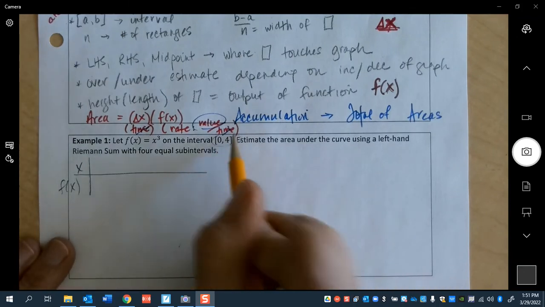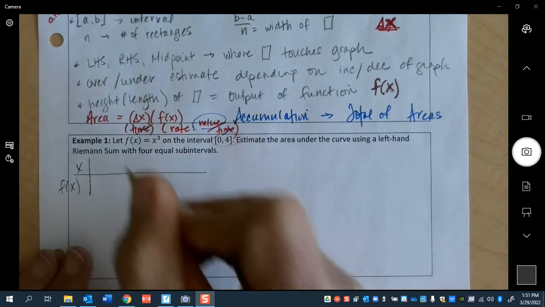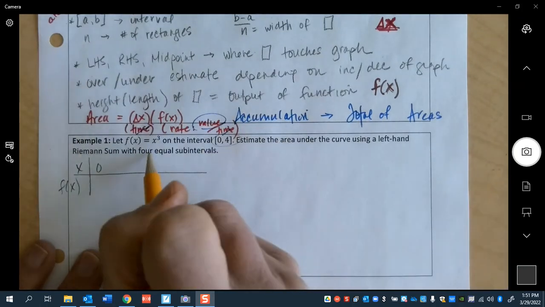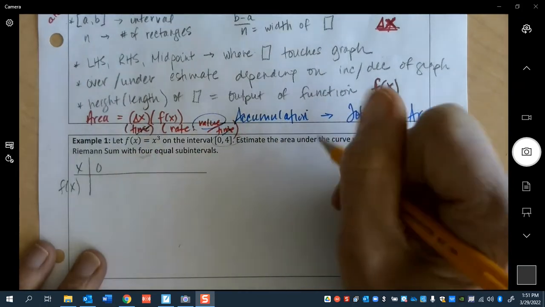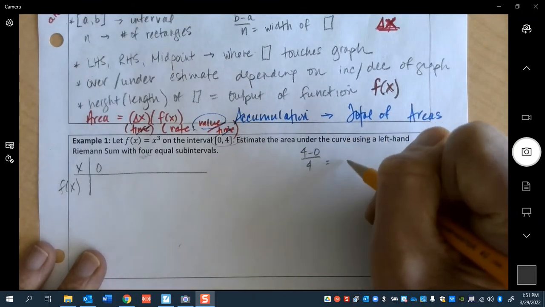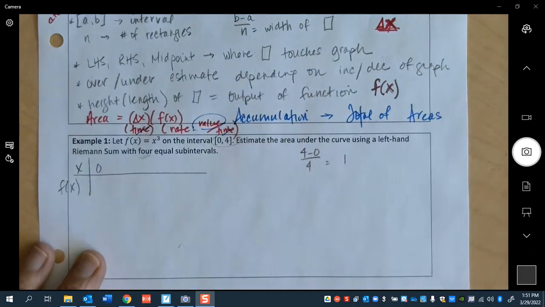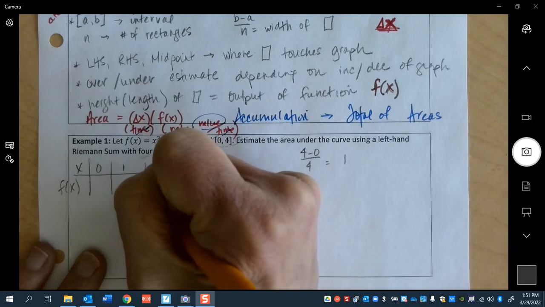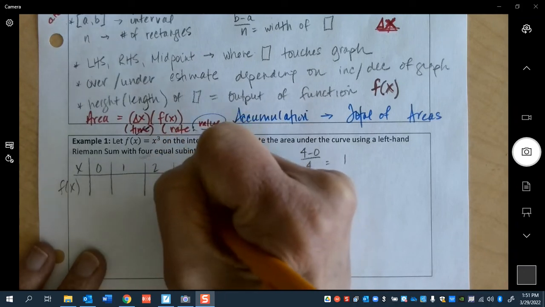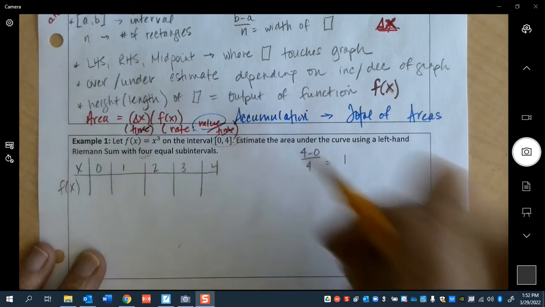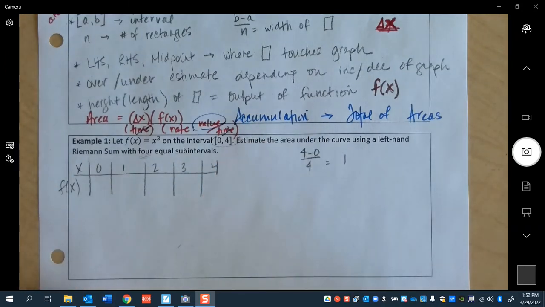And if we know we have an interval of 0 to 4, I know I have 0, and I want 4 subintervals. So 4 minus 0 over 4 is going to be 1, which means that my rectangles are going to go up with each unit as I go.